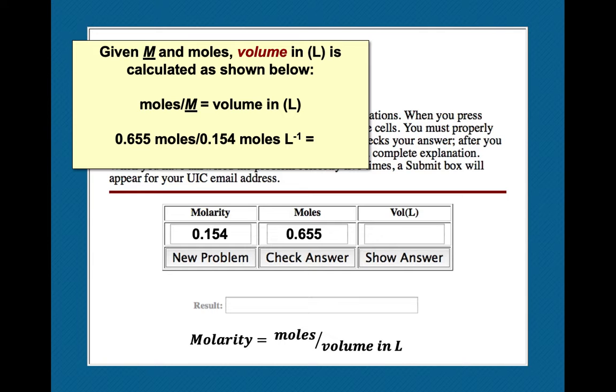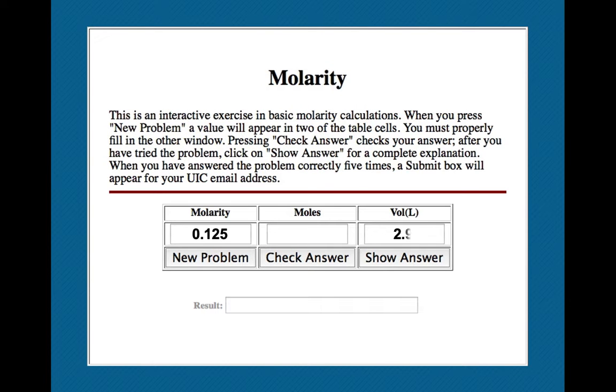Moles will cancel, and we get 4.26 liters. Our last one here. We're missing moles. We know a molarity and a volume. Go ahead and set this up.